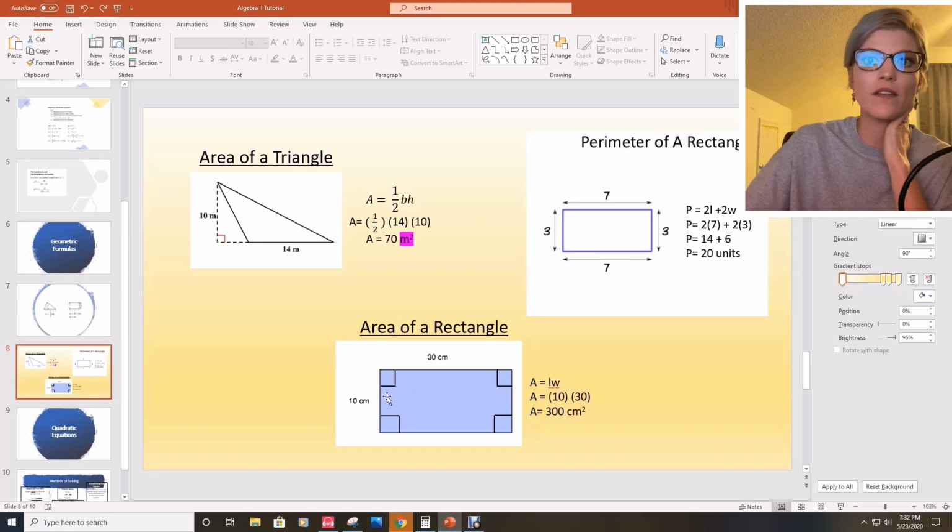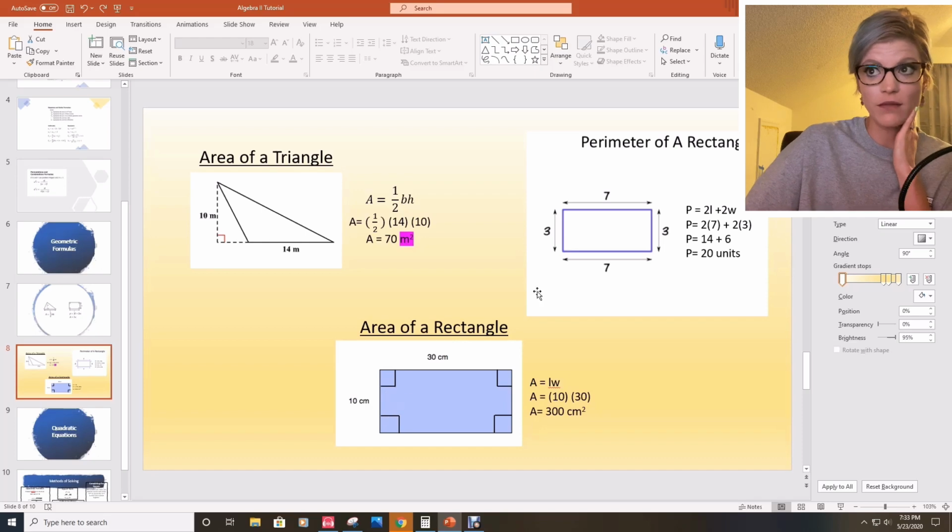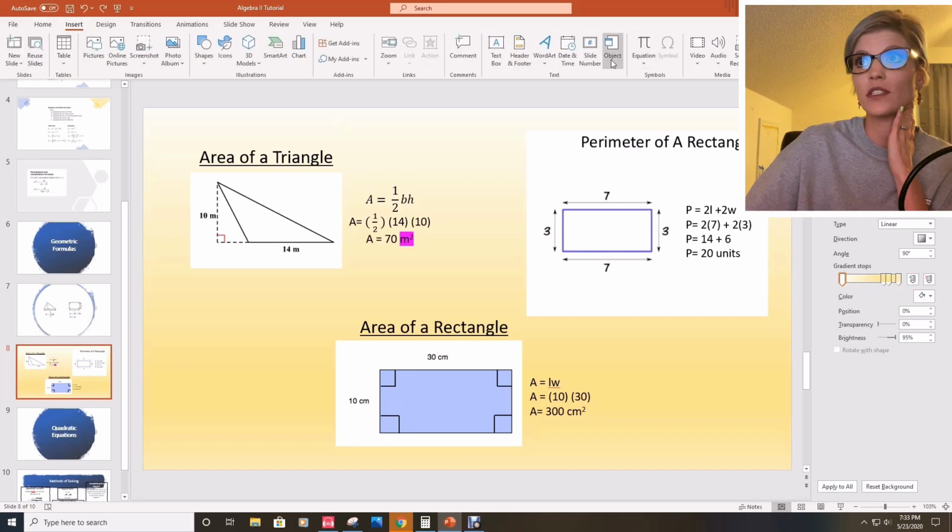And I'd like to point out on this area of rectangle down here that even if it only offers you these two numbers, like say that this 7 wasn't there and this 3 wasn't there, let's just take them out and make it look a little bit different.